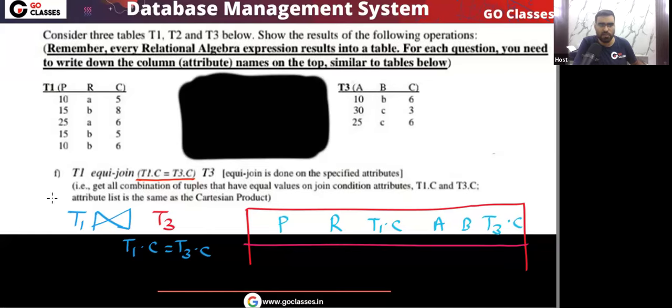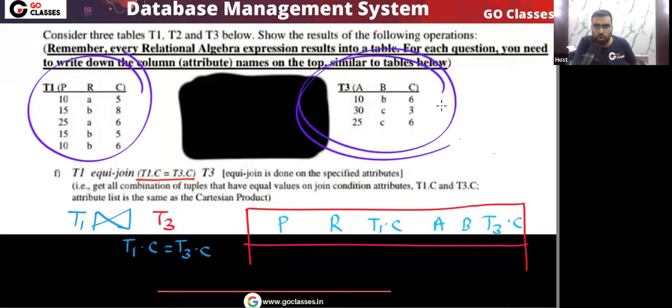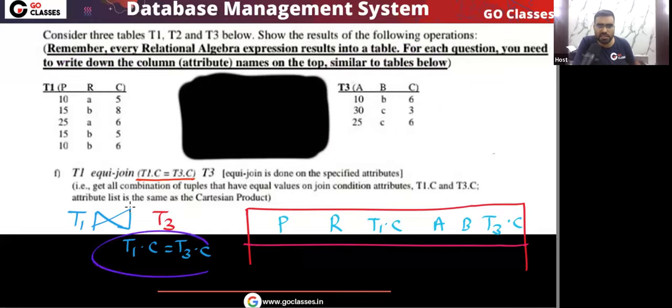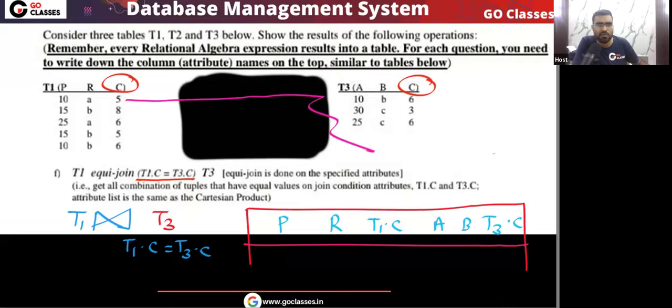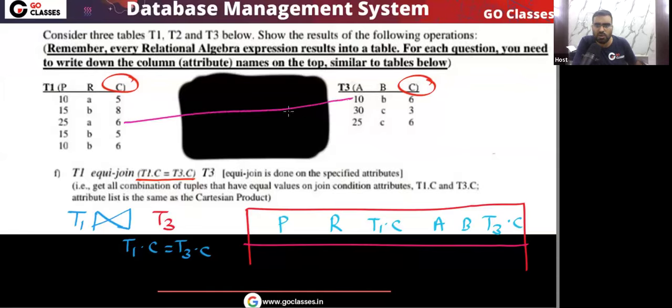Very simple. Now you tell me. Tuples of T1 will match with those tuples of T3 where this condition is satisfied, that this T1.C should be equal to this T3.C. So you can see the first tuple of T1 will pair with no one. Yes or no? What about this? This will pair with no one. What about this? This will pair with this tuple also, and this will pair with this tuple also.